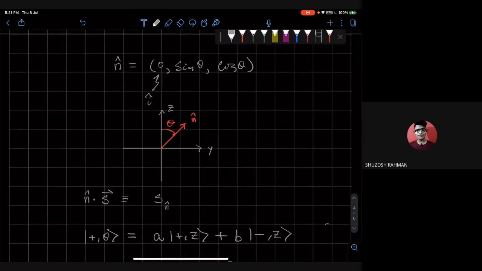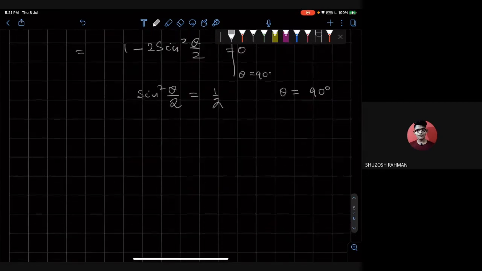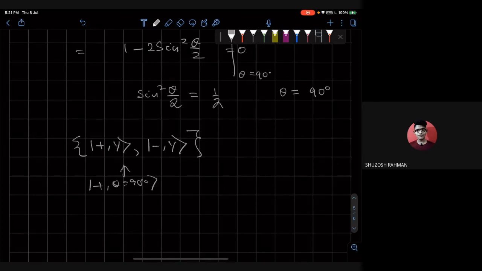What it means is that what we have found is another set of orthonormal states, which is plus of y and minus of y, okay? Because it's only when theta is 90 degrees that this state becomes this, and this state becomes this, okay?